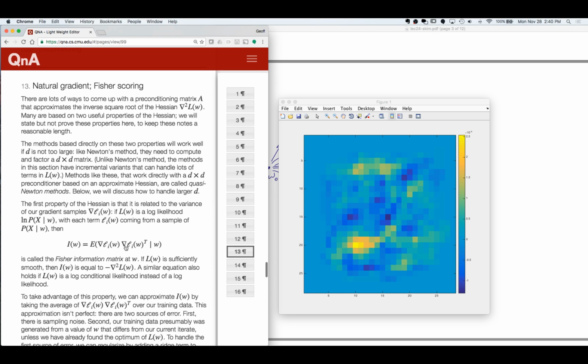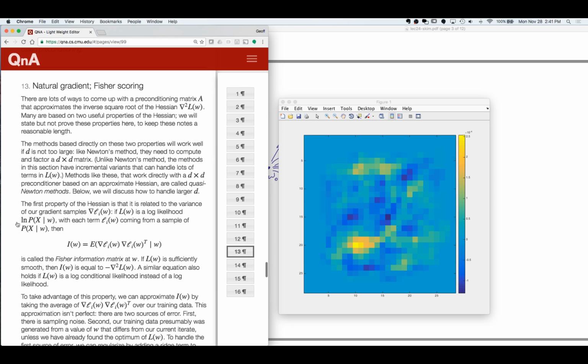If we sample the x's at which we evaluate the gradient from the probability distribution parameterized with W. So let me say that again. We have a loss function L. Let's suppose that that loss function is a log likelihood.